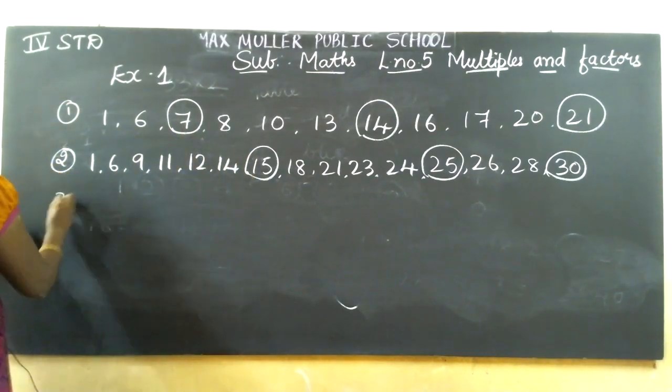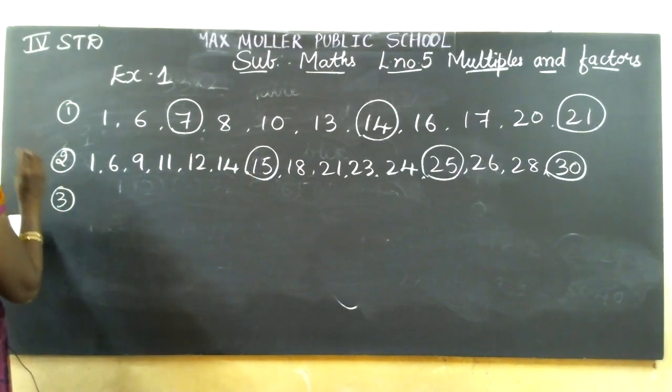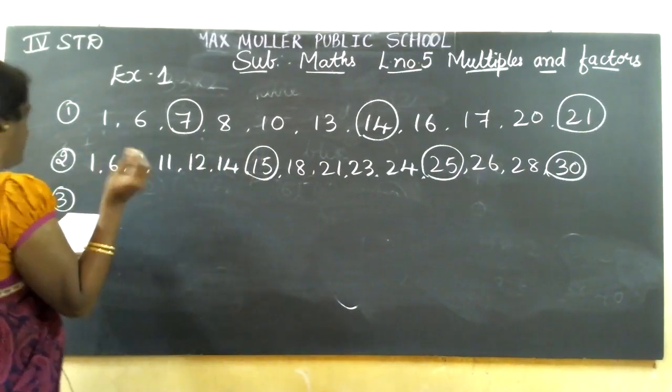Write the multiples of 5 between 35 and 55.